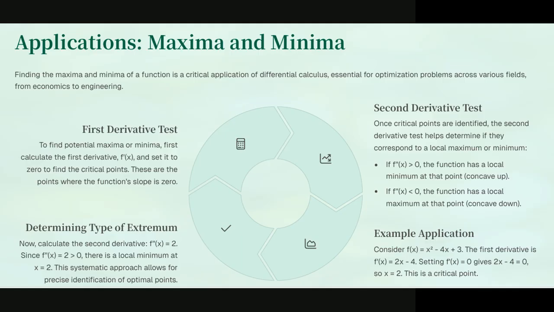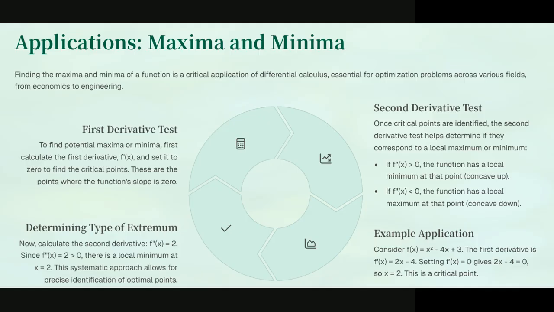Now, you differentiate the second time, and you see that you have 2 as your second derivative. Since 2 is greater than 0, it means that it's a local minimum at that point. Remember our condition: if f double prime of x is greater than 0, then it's a local minimum, right?